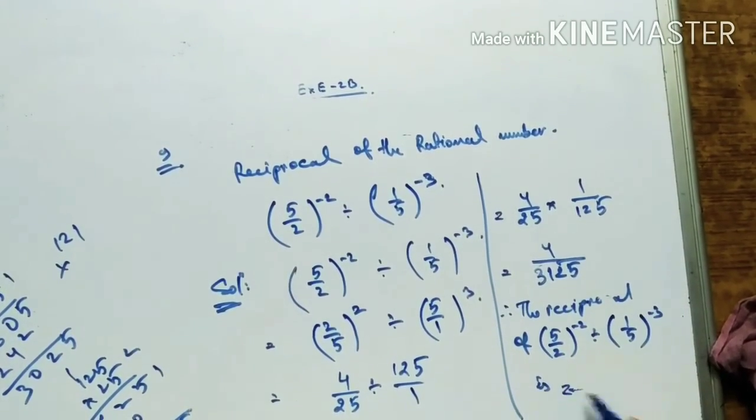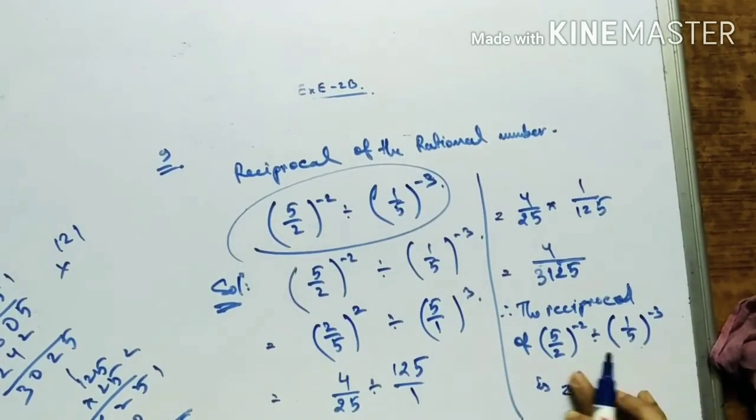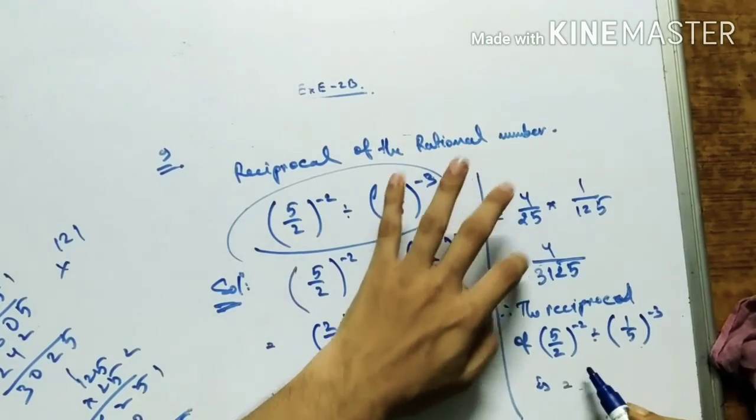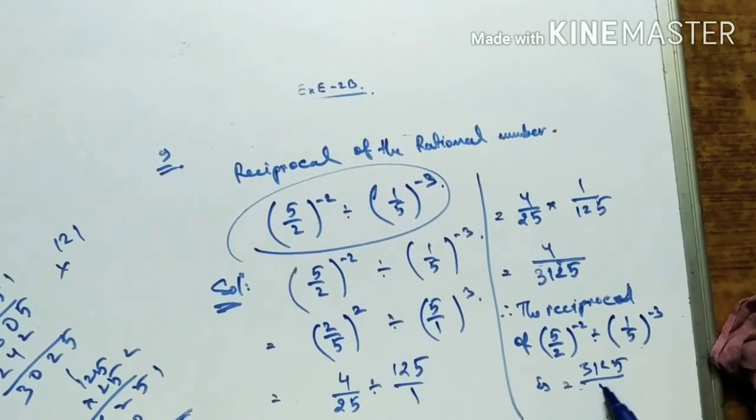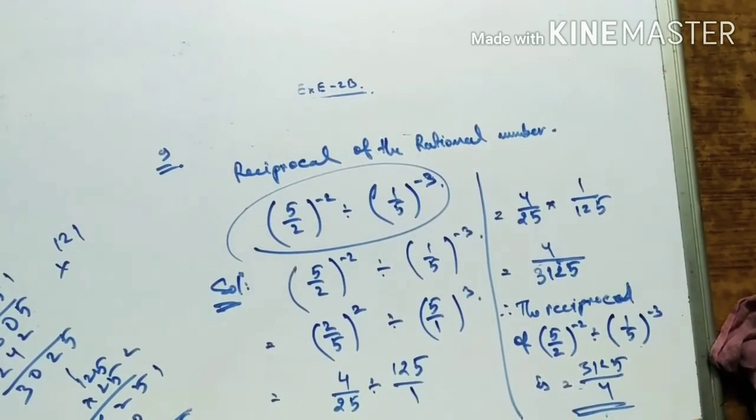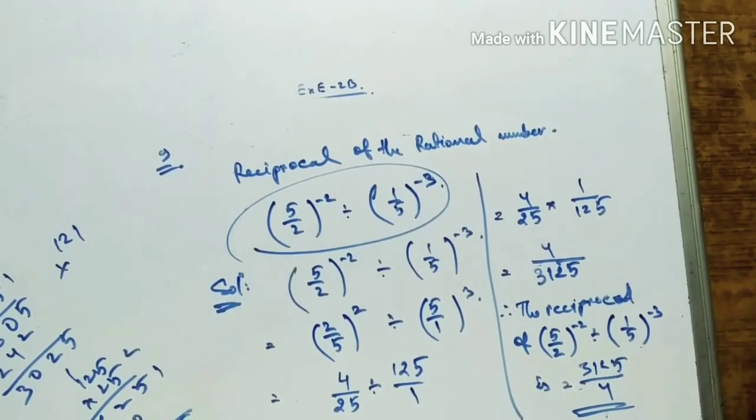Therefore the reciprocal of this will be 3125 by 4. This is the answer. 3125 by 4 is the answer.